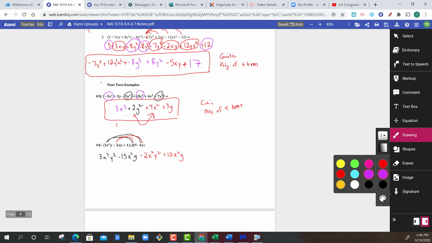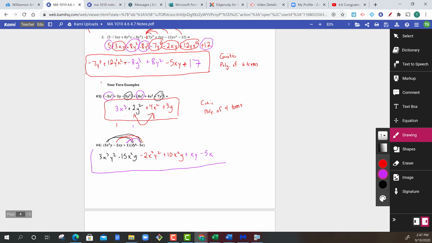So remember, you don't have to have the exact same variable to multiply. And of course, anything times 1 is itself, so that doesn't change anything. And then finally, just add any like terms that you might have. Don't know that I see any like terms in this problem. You have to have the exact same variable for the x and for the y, and I do not see that.